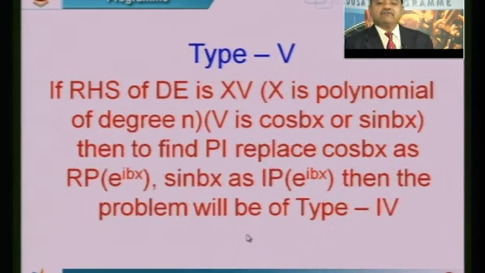Finally type 5, it is capital X into V. Capital X is a polynomial of degree n. V is cos, sin, then to find, replace cos bx as real part and sin bx as imaginary part of e power ibx. Then the problem will be of type 4.